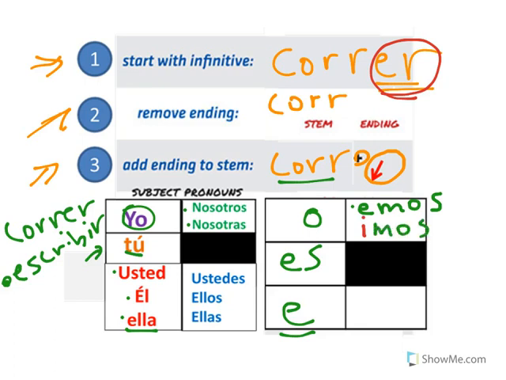And that's the only difference between an ER and an IR way of conjugating. So to say something like we write, that would be nosotros escribimos. And finally, the ustedes, ellos, and ellas form is an EN, as in ellos corren, they run, or if we use escribir, it's simply ellos escriben.